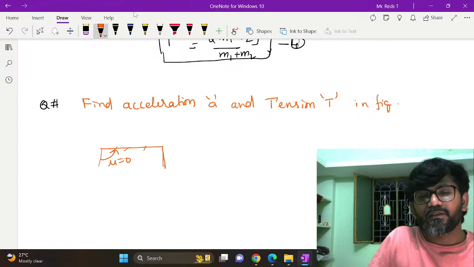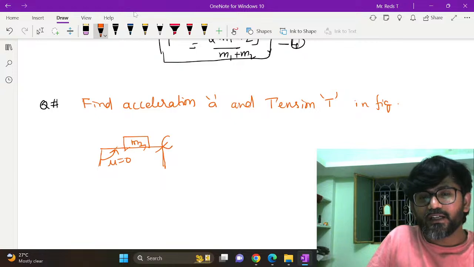On this surface there is a block of mass M2, and here at this corner a pulley is connected, and to this block M2 a string is connected. It is passing over the pulley, and to the other end a block of mass M1 is connected.